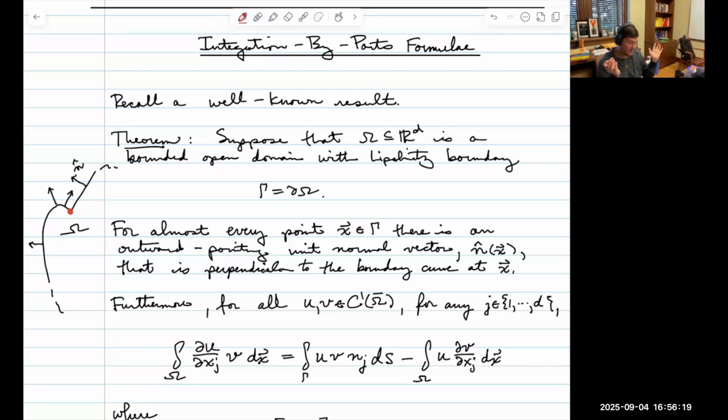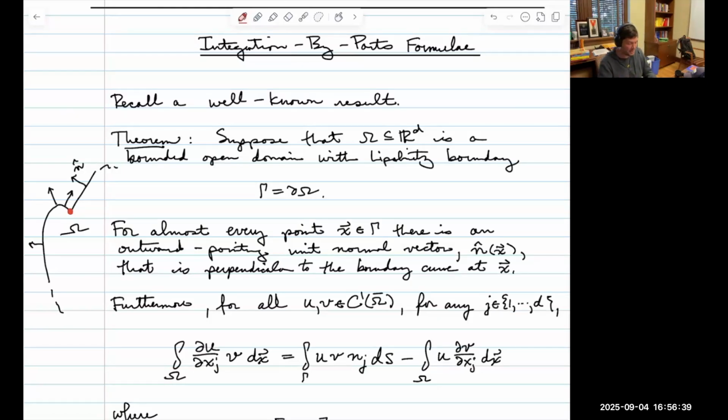The answer is there aren't any. But the nice thing about Lipschitz boundaries is that for almost every point on the boundary in the measure theoretic sense, I can find unit normals that are unit normals in the traditional sense.